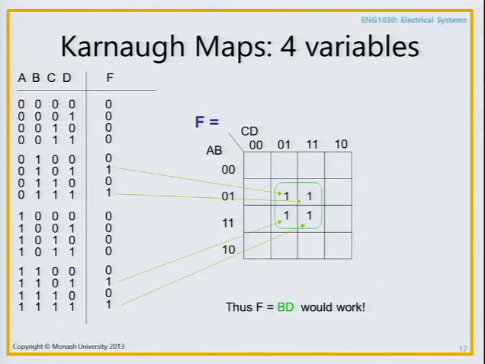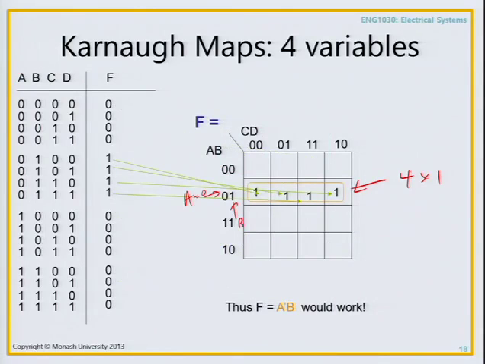So you've got 4 here. Well, 1 big box. That would work. Over here, now we've got a 4 by 1. That's permissible because the rows and the columns are powers of 2. So in this case, what does this represent? This represents A prime B. So A equals 0 and B equals 1.